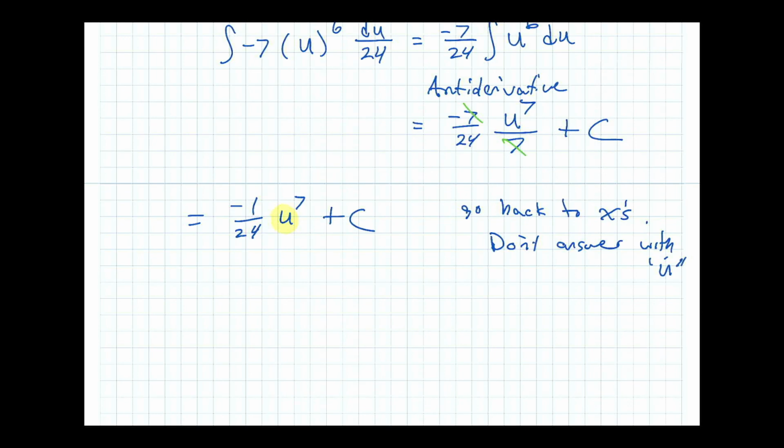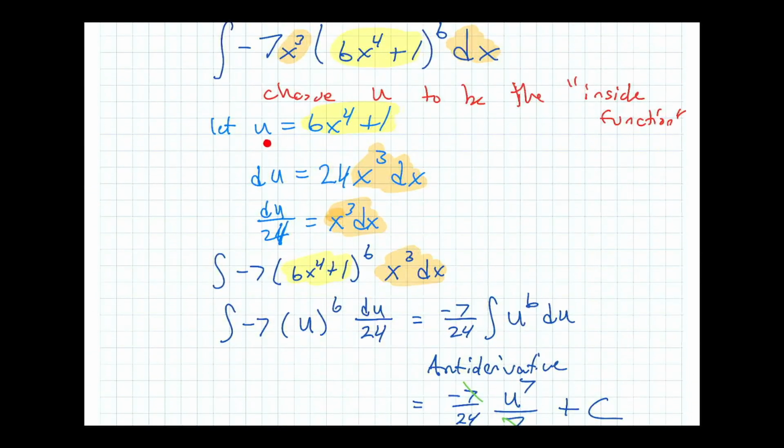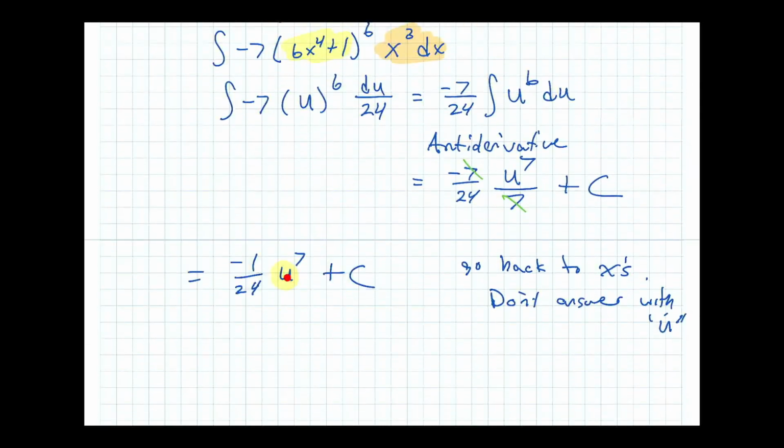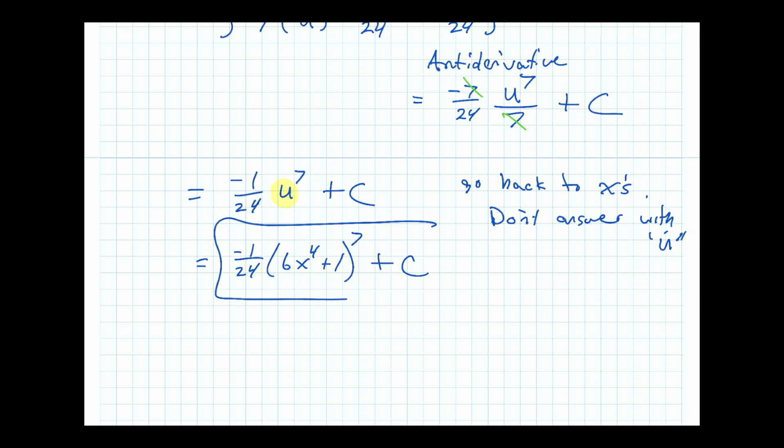Okay, so you just go back up here and say, well, what is u? u is 6x to the 4th plus 1. So you just make that replacement right here and say that that is going to be negative 1 over 24, 6x to the 4th plus 1 to the 7th plus c. And that's your answer, although they ask you not to type in the plus c.